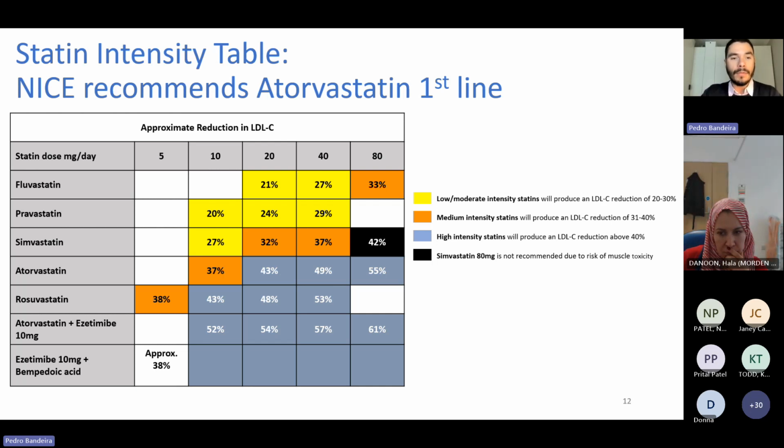I normally suggest to always look at the atorvastatin and the rosuvastatin columns and the doses, because as you can see from atorvastatin 20 and 40 and up to 80, as you double the dose of statin, you increase LDL lowering effects only by 6%. So sometimes, depending on the patient case and strategy you're using, either primary prevention or secondary prevention, it might be worth considering a combination of statin and ezetimibe instead to achieve greater LDL reduction targets.